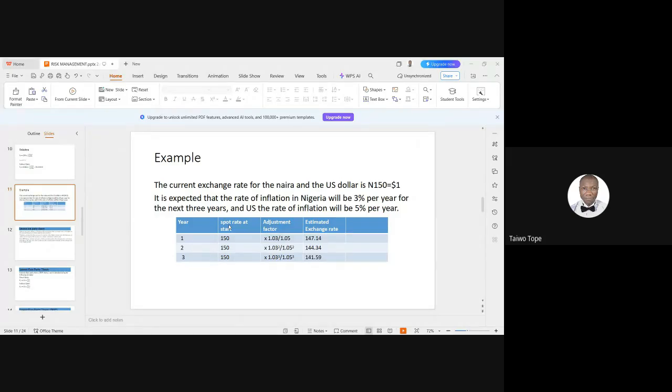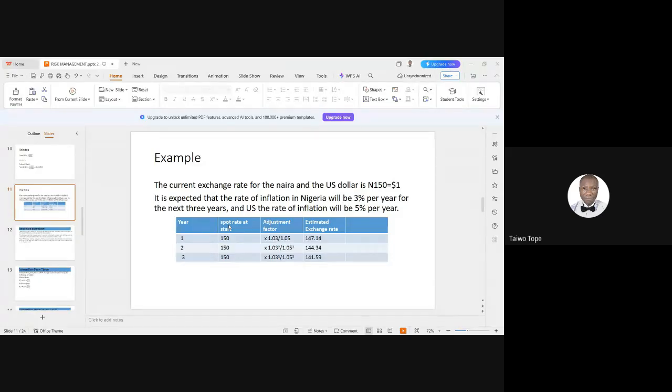Or you might expect to get money in 3 months' time, let's say from the US, and you are scared that the value of the naira might depreciate beyond what it is today.